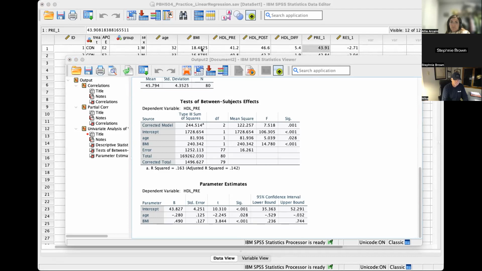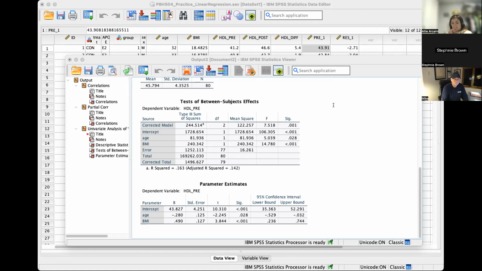So let's take a look at this person. We know their BMI. We know their age. Here's their observed HDL pre. So their actual value of HDL pre is 41.2. Let's see where this 43.91 came from. That simply comes from inserting this person's values. The value of the intercept, 43.27, is the same for everybody.